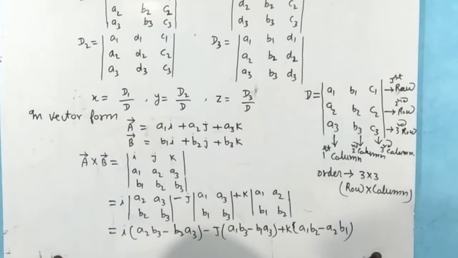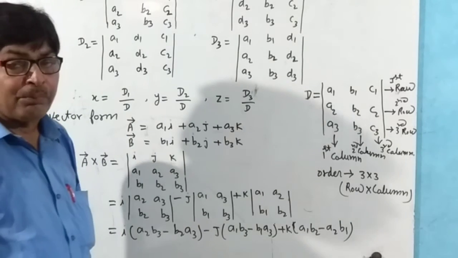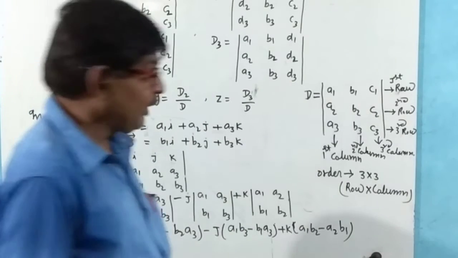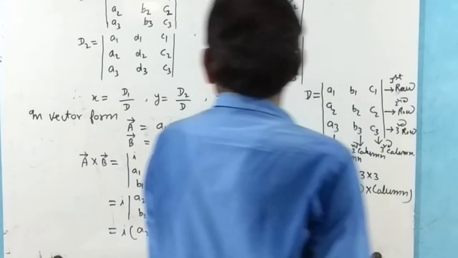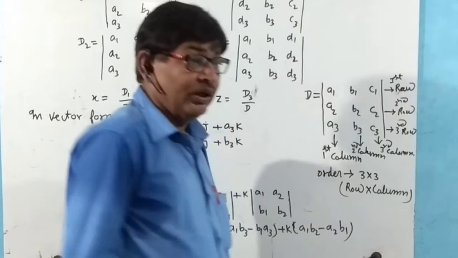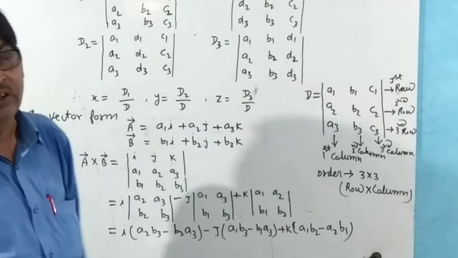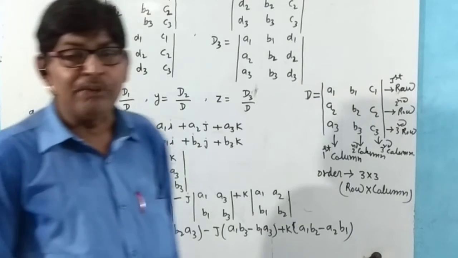Now in a determinant, the number of rows and the number of columns are equal. Whereas when we study matrices, there is no such condition.